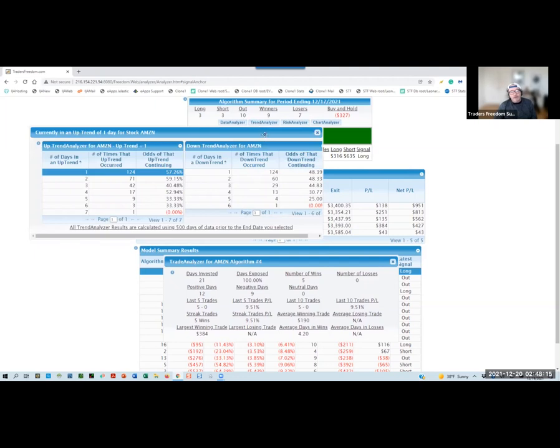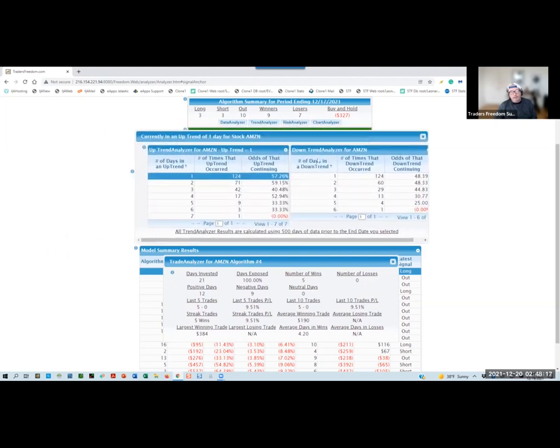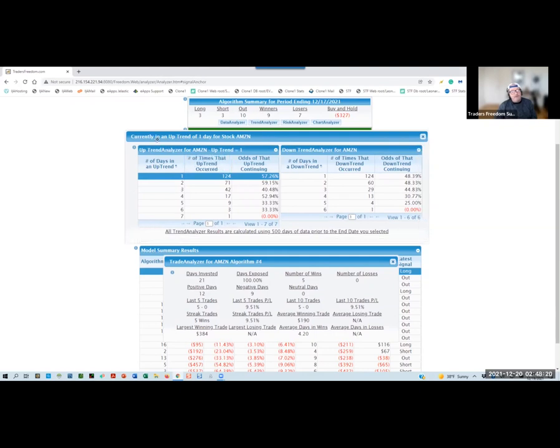So if I open that up, what this is telling me is, for this specific stock, so this has nothing to do with Freedom's models. This is just the stock. What's the trend for this stock right now? So it's saying Amazon on Friday, it went up, and it's in a one-day trend. So it just went from being down on Thursday to up on Friday.